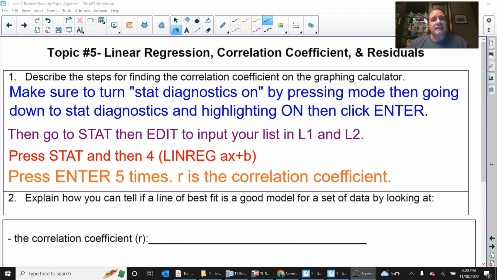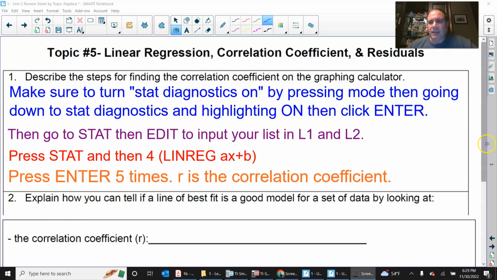Then you go to Stat, Edit, and input your list into L1 and L2. Then you press Stat again, go to 4 for linear regression, ax plus b. Press Enter 5 times, and r is the correlation coefficient. Those are the steps that you take.